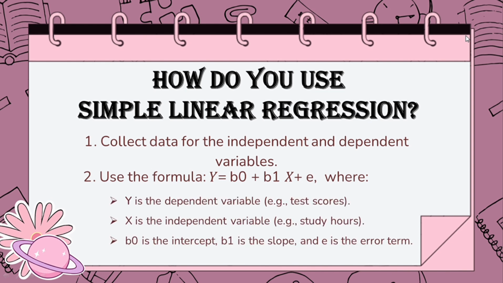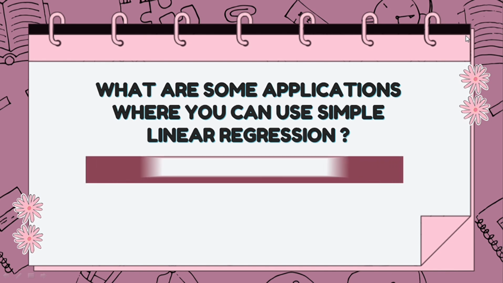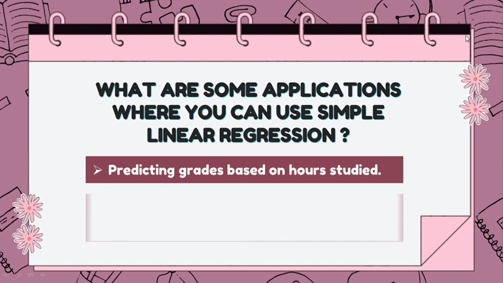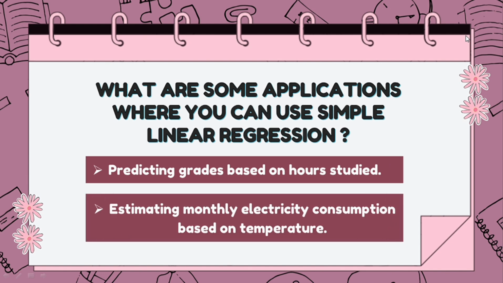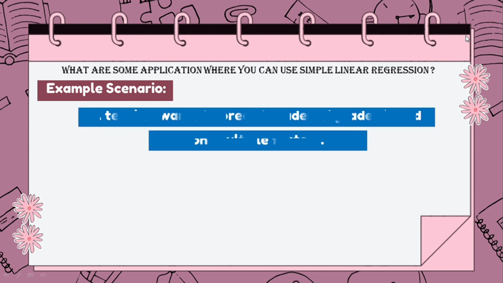So what are some applications where you can use simple linear regression? Some applications are predicting grades based on study hours and estimating monthly electricity consumption based on temperature. Here I have an example scenario: a teacher wants to predict students' grades based on multiple factors.